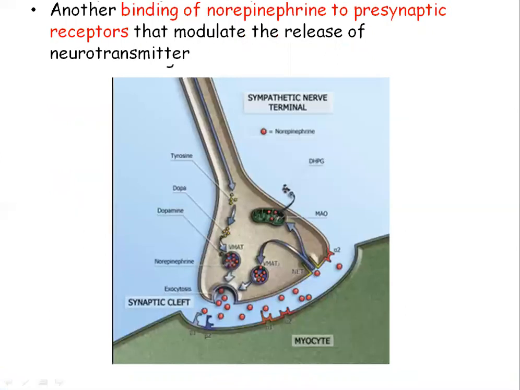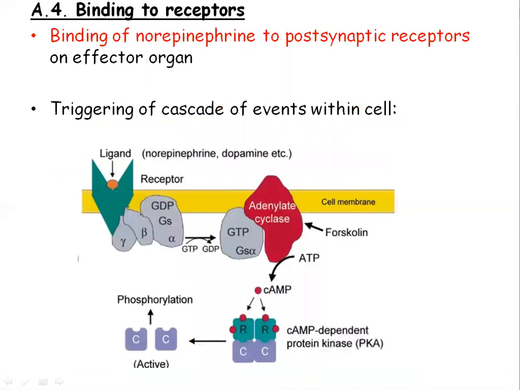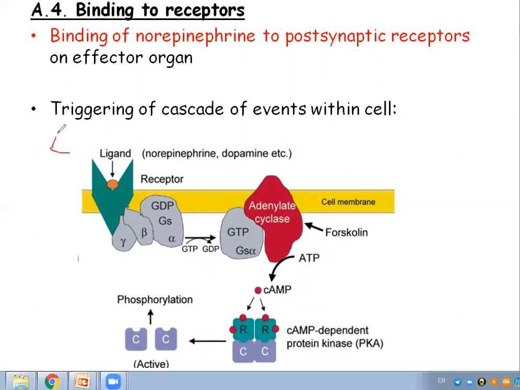Now, step number 4 comes after the release of the norepinephrine into the synaptic cleft. One of its fates, as I said, is binding to its receptor present on the postsynaptic element, on the cell membrane of an effector organ.